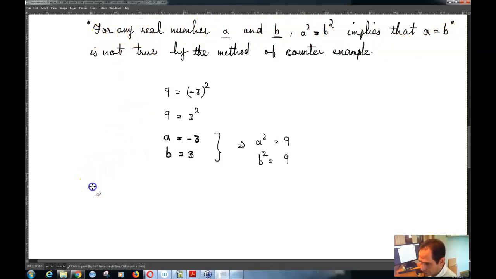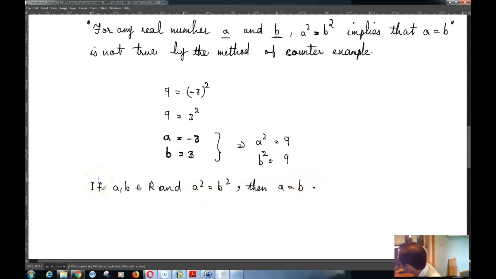So you could write: if a and b belong to the set of real numbers and a squared is equal to b squared, then a is equal to b. That means this implies this.